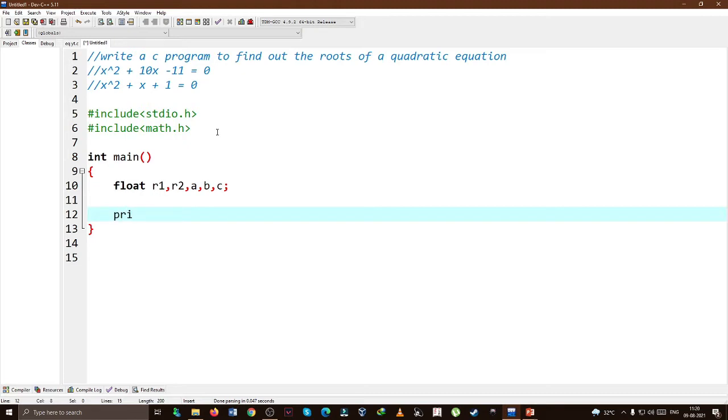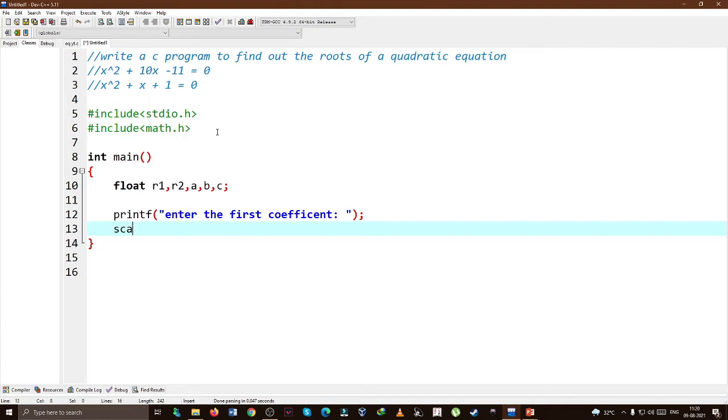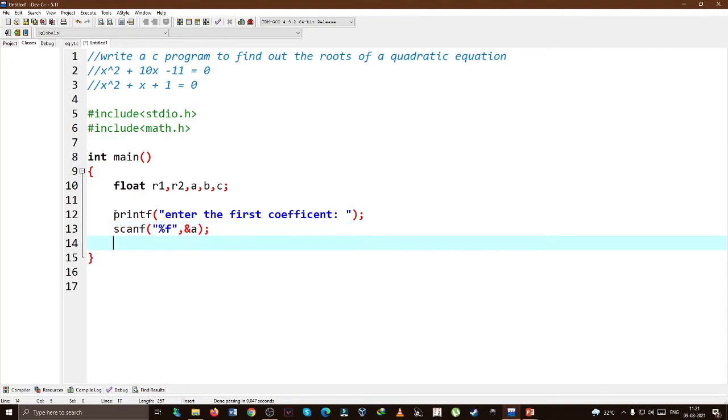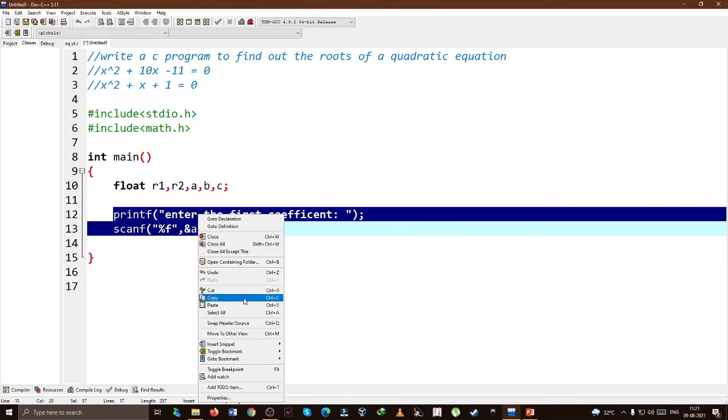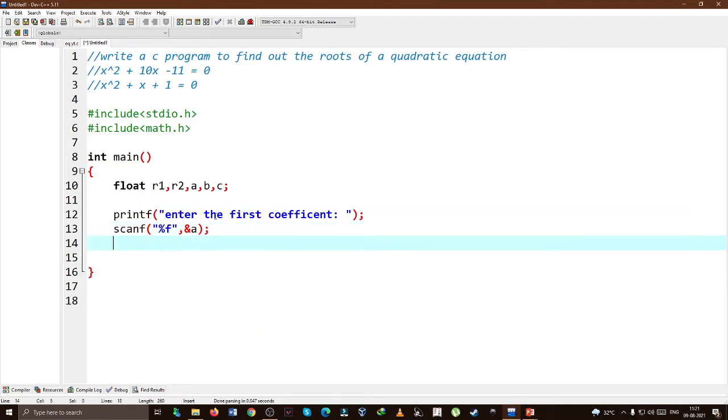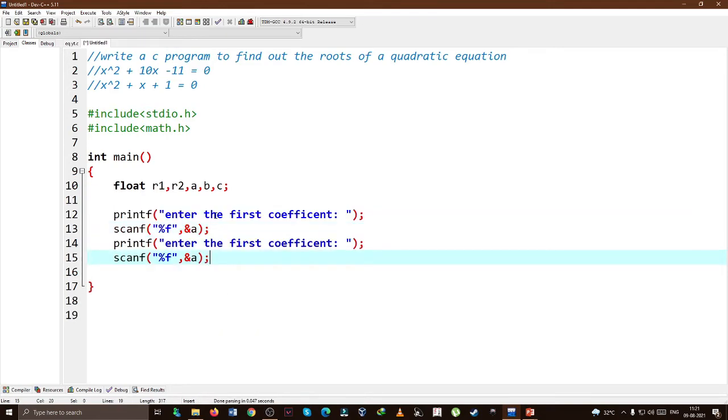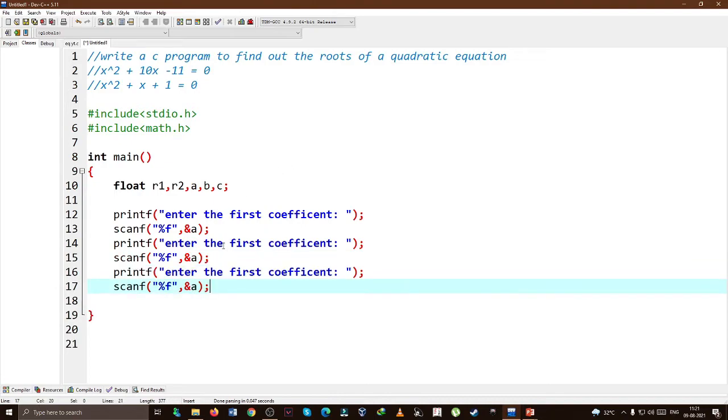First we will print a statement asking the user to give the coefficients as input. We will scan the first coefficient in a. Similarly, we will copy and paste the printf and scanf statements to take input for our other two coefficients, b and c.